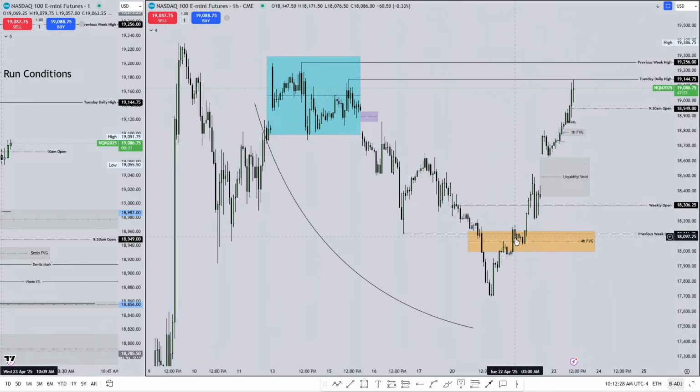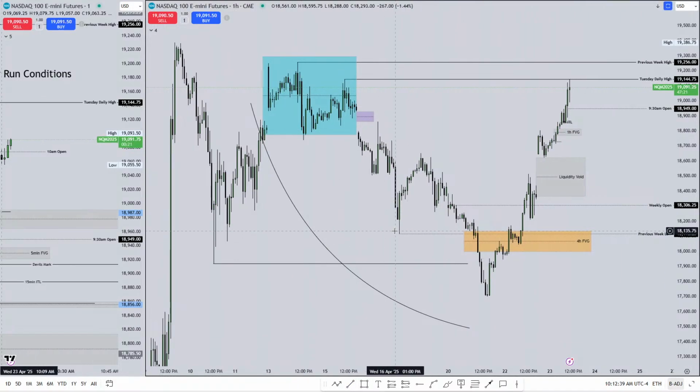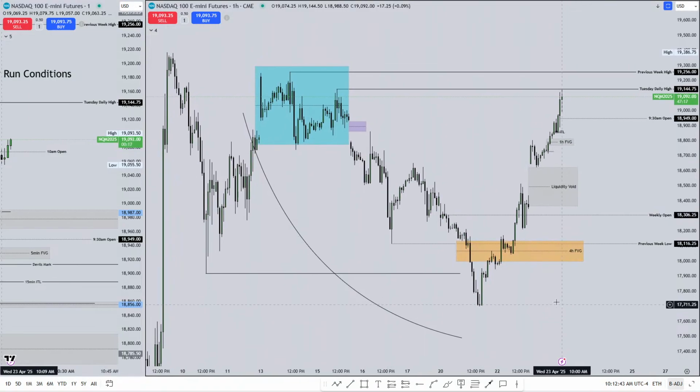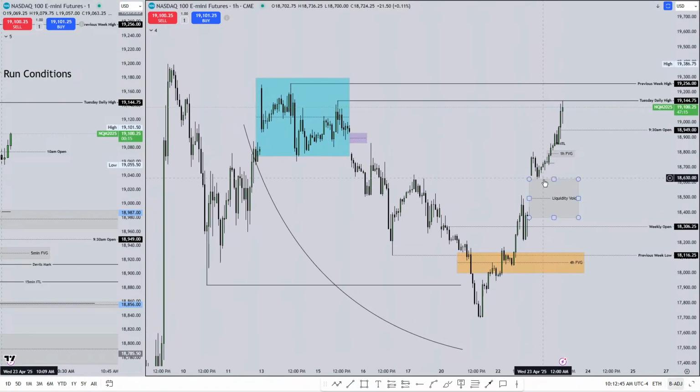We start respecting 1 hour PD arrays, disrespecting 1 hour bearish PD arrays after sweeping this, and that's how you can start framing a bullish bias. This is why it was tough for me coming into the day to continue that bullish bias.